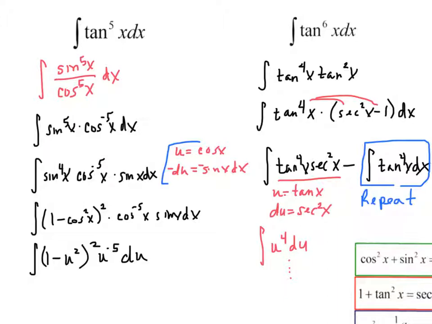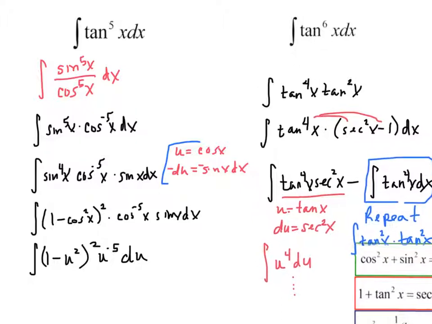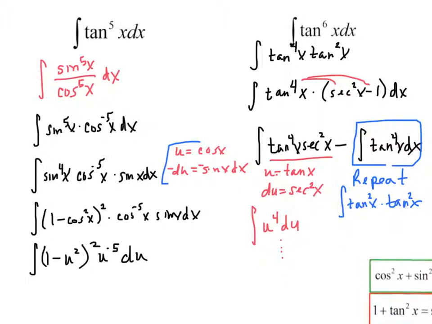We'd have to write it as tangent squared times tangent squared. Then we'd have to write it as tangent squared times secant squared minus 1. And we'd have to do that again. And we'd have to rewrite it until we got it down to a spot we could integrate it.